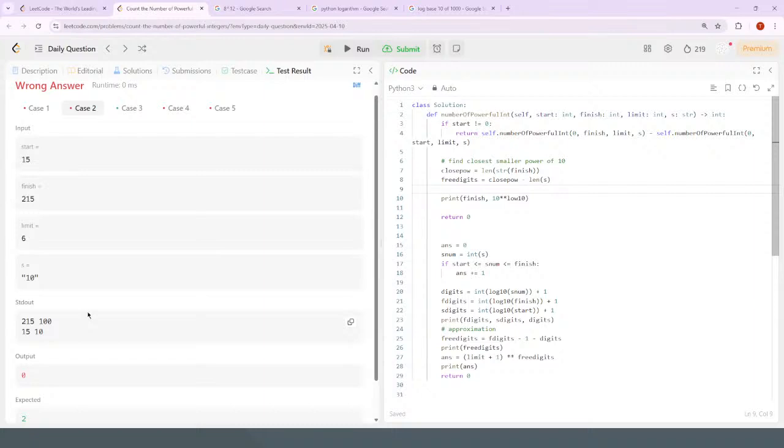And the number of free digits, so the answer should be starting with the free digits, or the limit plus 1 to the power of free digits. Actually, let me go ahead and double check that. So close pow, 3 digits, answer.